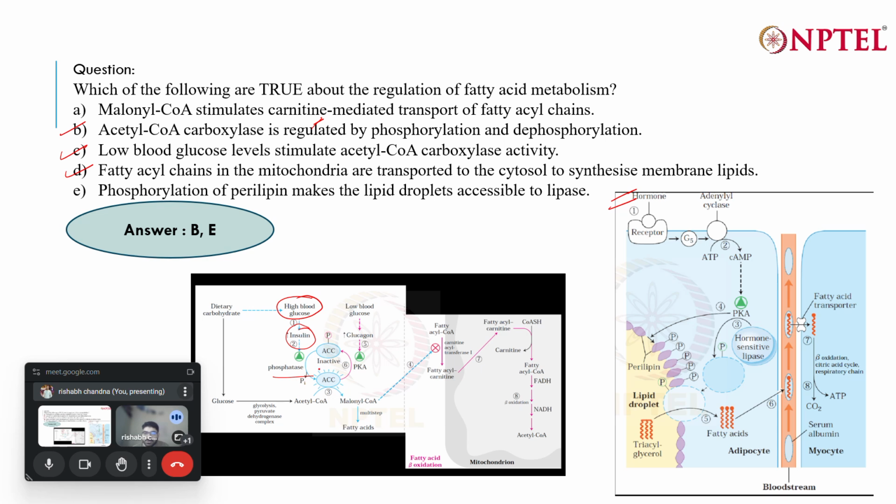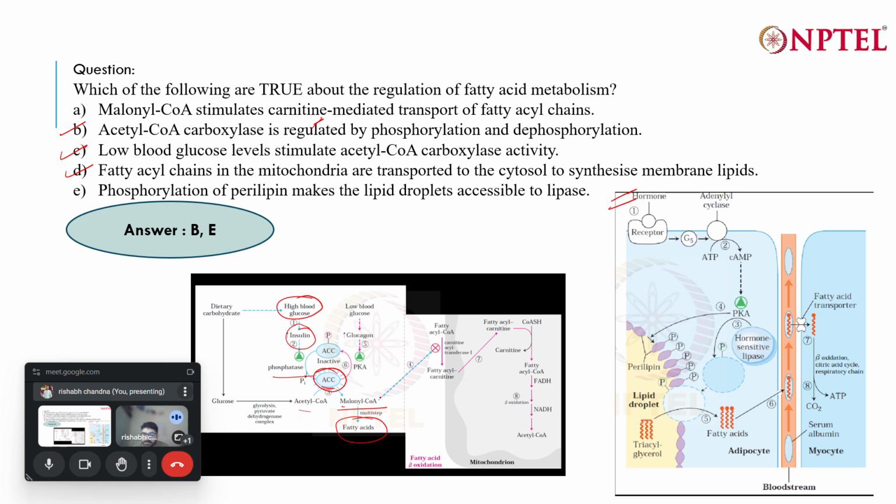So this leads to the activation of the ACC protein. ACC is a protein that actually converts acetyl coenzyme A to malonyl coenzyme A. So this malonyl coenzyme A leads to the production of fatty acids.